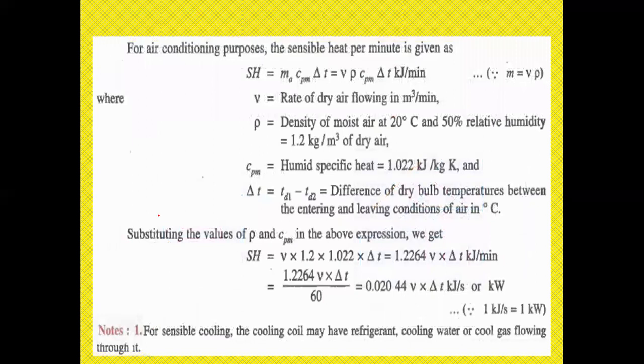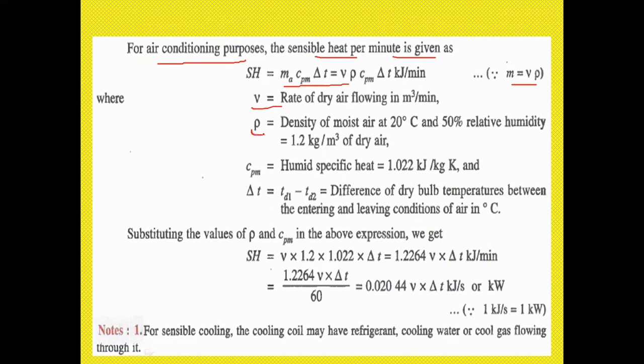Based on it, the formulas related to this, from the air conditioning purposes since it is a cooling process, the sensible heat per unit is given as SH equal to MA into CPM into delta T, that is equal to V rho into CPM into delta T, since M is equal to rho into V. V is the rate of dry air flowing in meter cube per minute.